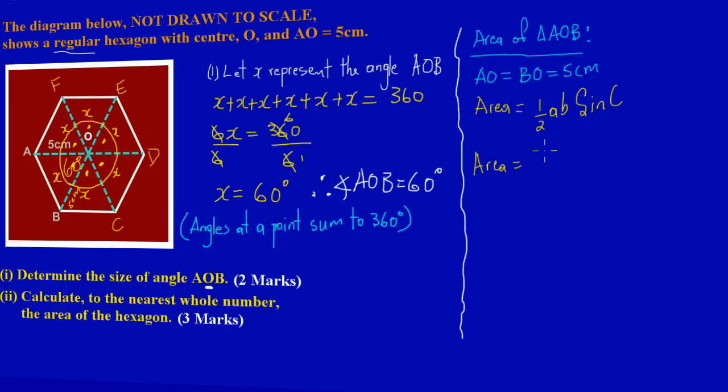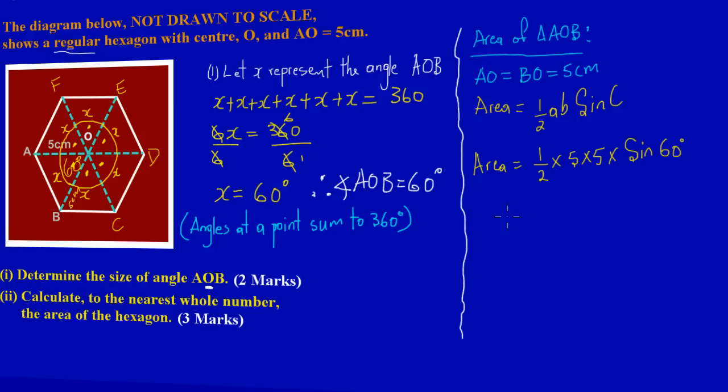So I would have a half times a, and a could be represented as this side, A to O, so that's 5, and B to O is also 5, so I'm just substituting those values, times the sine, and the sine is really the angle that is in between here, which is my 60 degrees.